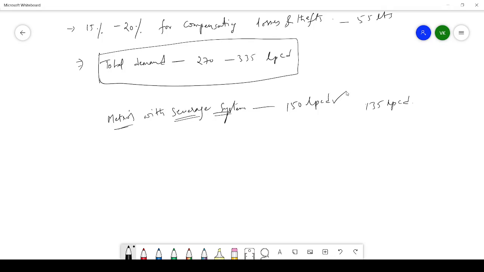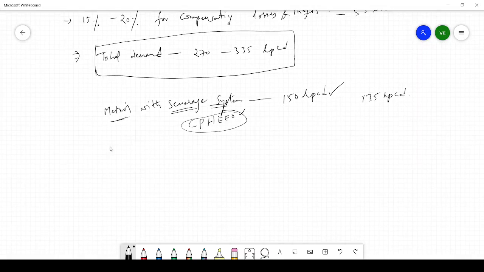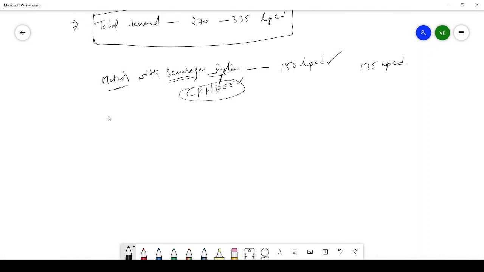That's why they have taken it as 150 LPCD as per CPHEEO, Central Public Health something. I don't remember the abbreviation. For metro cases you have to take it as 150 LPCD, right?